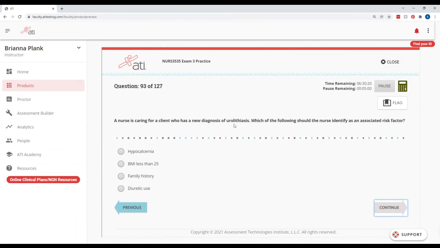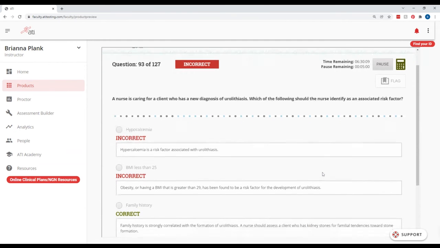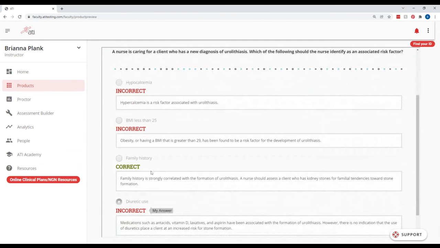Okay, urolithiasis. We have stones. Which of the following is a risk factor for stones? Oh, no. I missed it, really? Family history. Interesting.